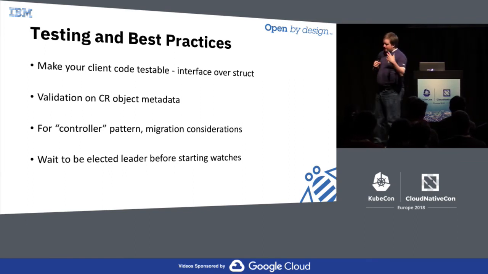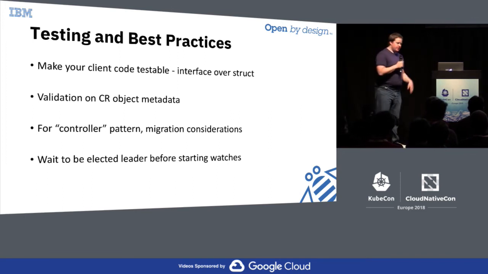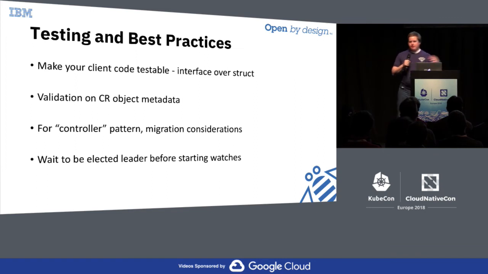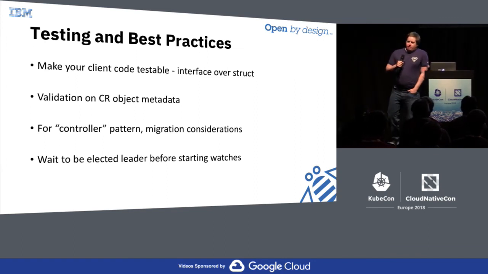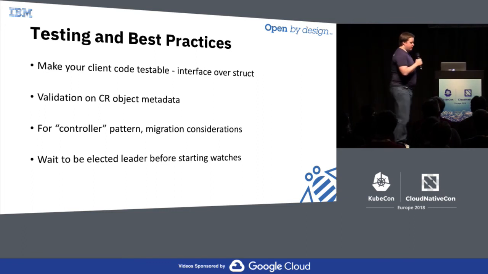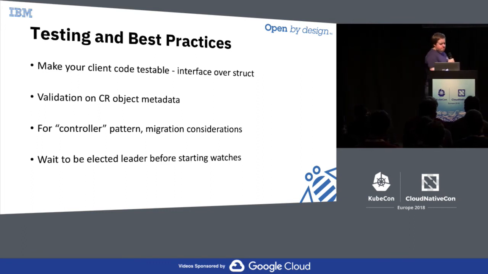And the next leads into these migration considerations, where when you change something, you have to make sure that your code can handle the differences between CR versions essentially that you do changes.